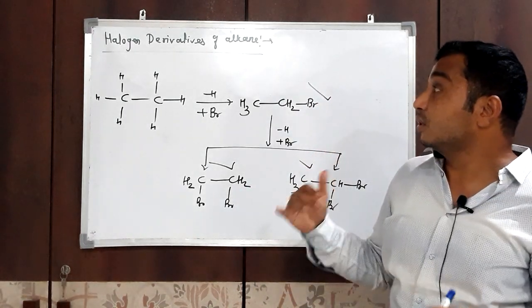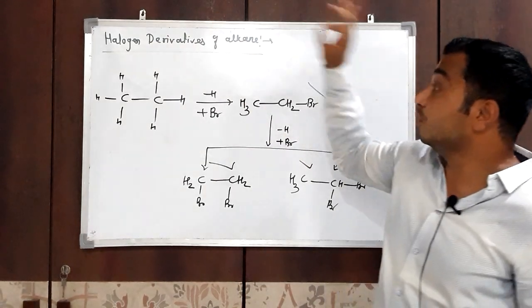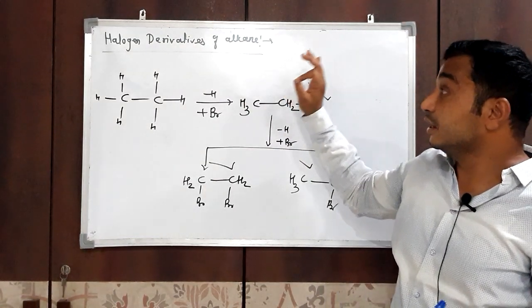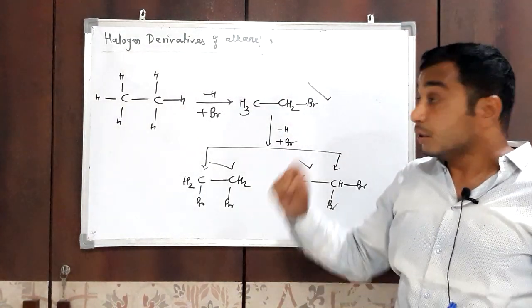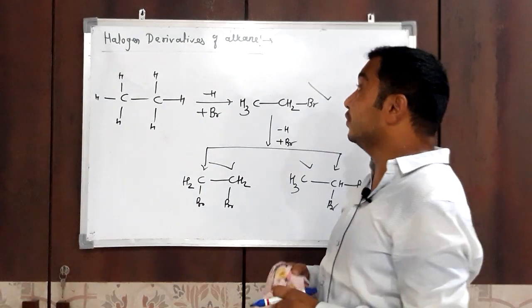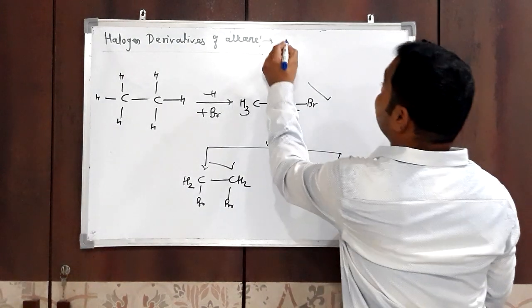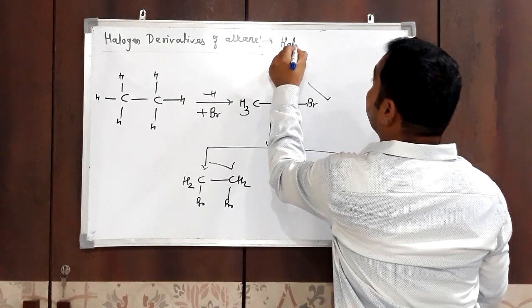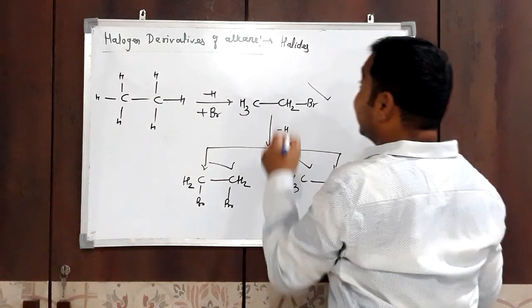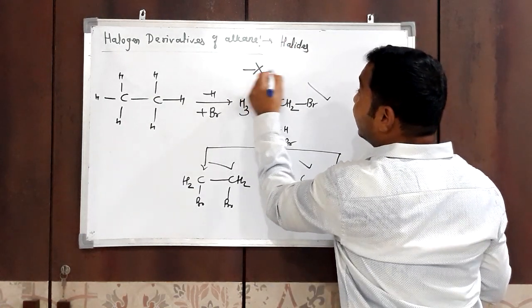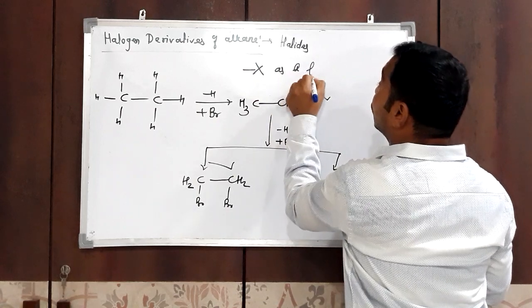These resulting compounds are called halogen derivatives of alkane. Very important, halogen derivatives of alkane are also known as halides, and they contain halogen atoms as a functional group.